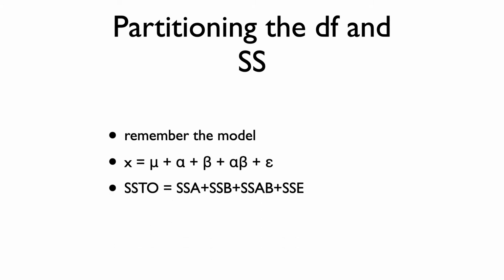The sum of squares total is going to equal the sum of squares for A plus the sum of squares for B plus the sum of squares for AB. And then, of course, error.